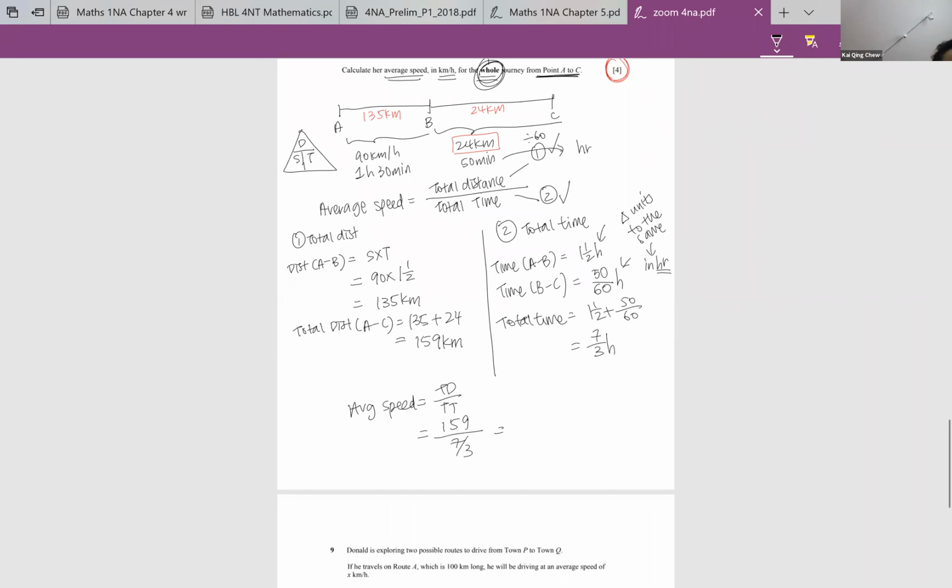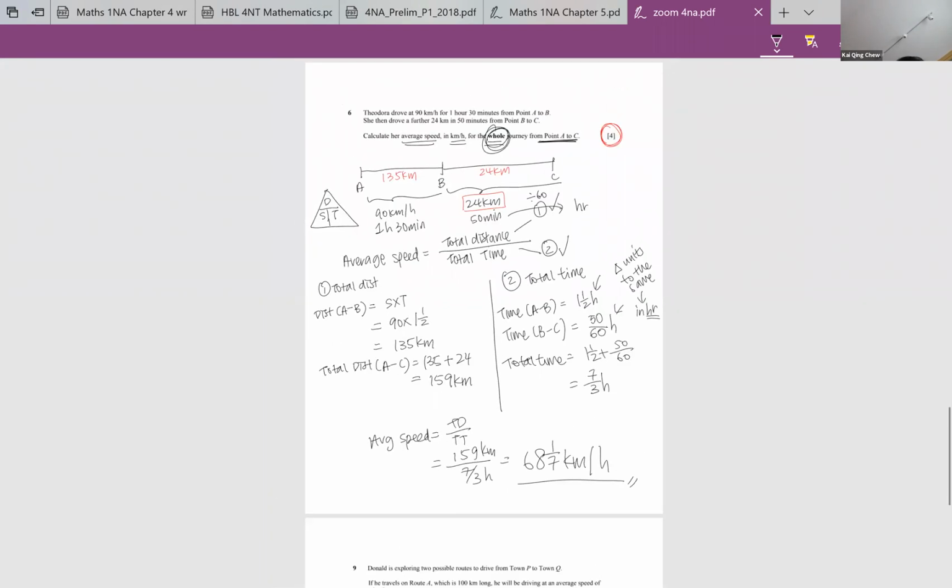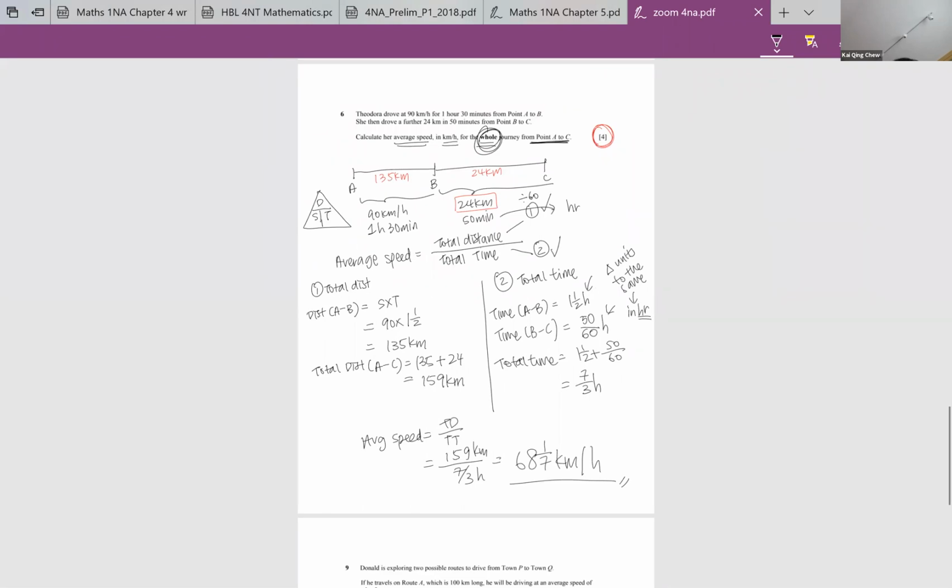My average speed is 68 1 over 7 kilometer per hour. There you have it. Worth the 4 marks. Okay, you find distance, find total time, then use the formula to find the 68 1 over 7.